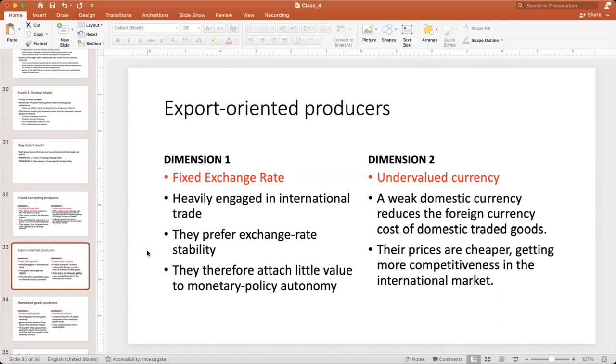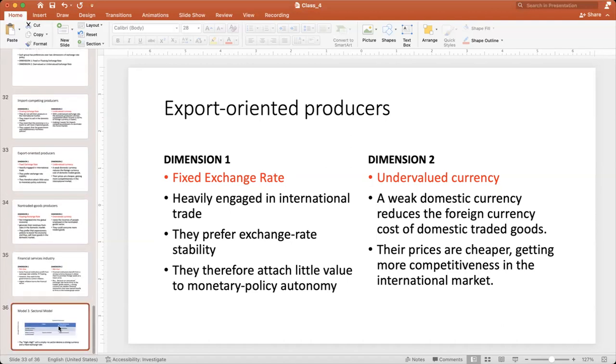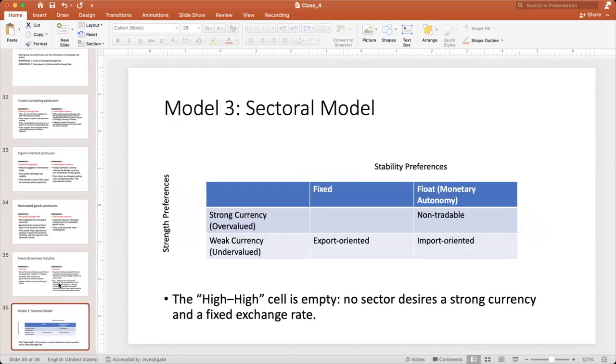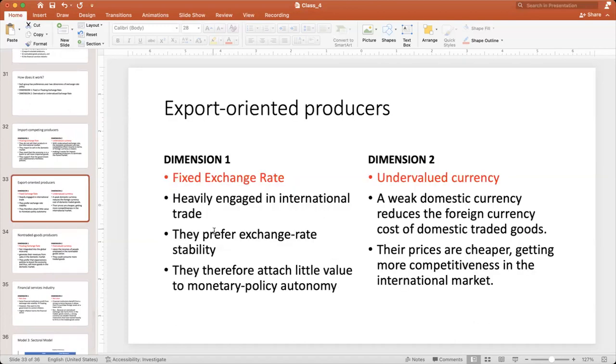However, they also prefer an undervalued currency. Why? Because with an undervalued currency, their prices are cheaper, as we presented in the example, and they could get more competitiveness in the international market.